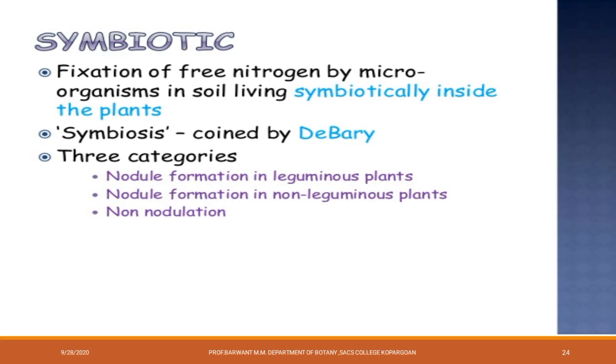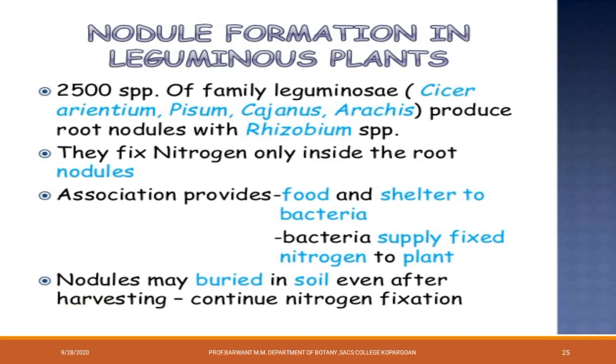Symbiotic nitrogen fixation, a term coined by D. Berry, has three categories: nodule-forming leguminous plants, nodule-forming non-leguminous plants, and non-nodulating plants. These are the three types of plants that fix nitrogen symbiotically.